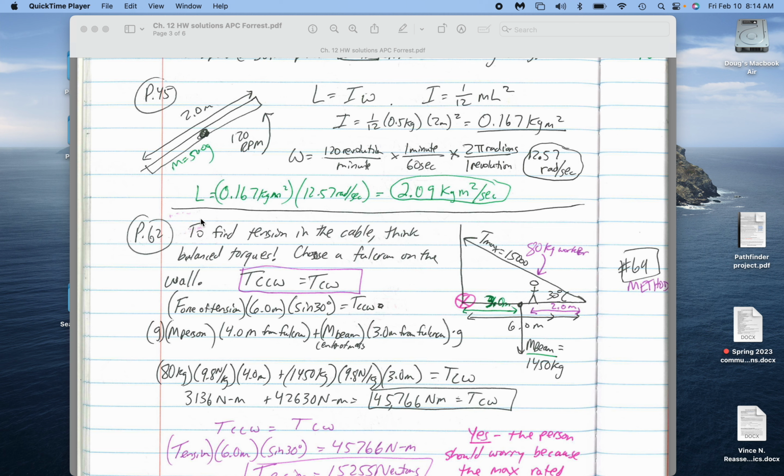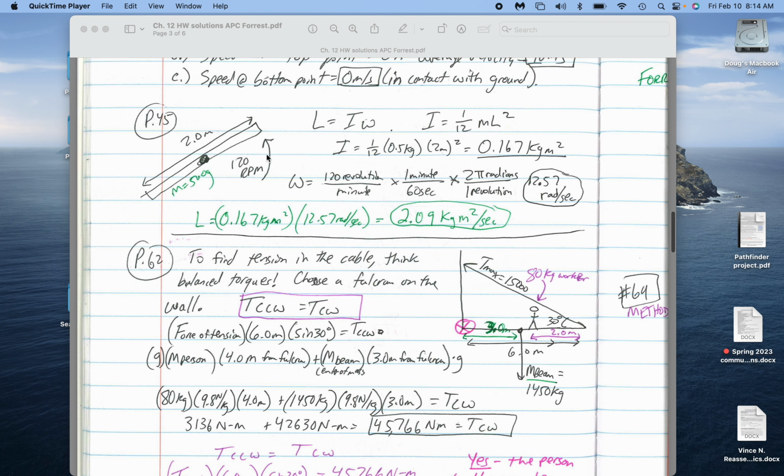For problem 45, this one was asking about, you had a rotating rod, I believe, and it's asking about the angular momentum of this 500-gram rotating bar. Said it was going 120 RPMs, 2 meters long. So angular momentum is moment of inertia times omega, 1/12 ml squared, so that's the total length for a rod being rotated about its center.